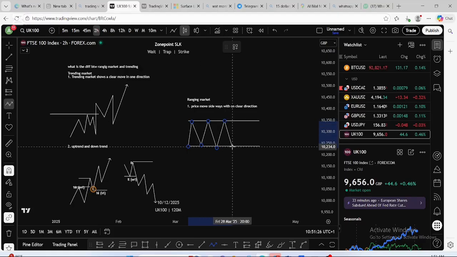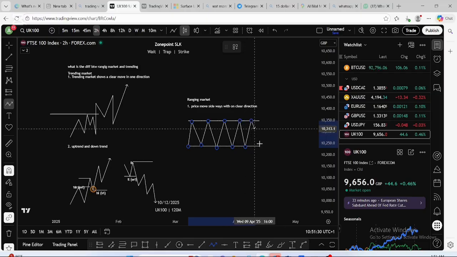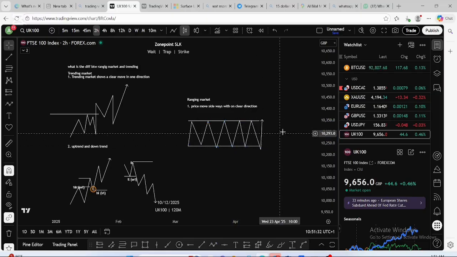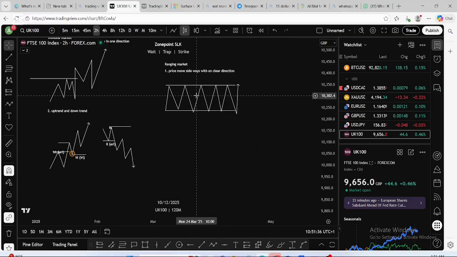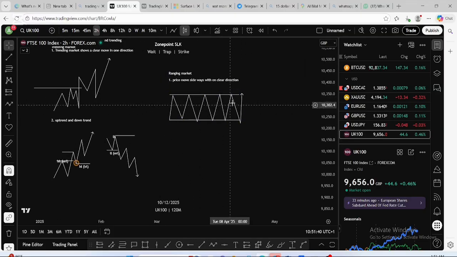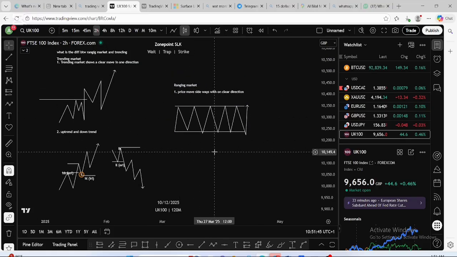So price moving in a particular direction like this, up, down, up, down. This is a sideways movement. And some traders will tell you this is dangerous. It's true. It takes a lot of experience before you know how to trade within a ranging market. Me, sometimes I'm not yet good in the market. I'm still just 1.5 years in this market, but the knowledge I have, I can bet on it.